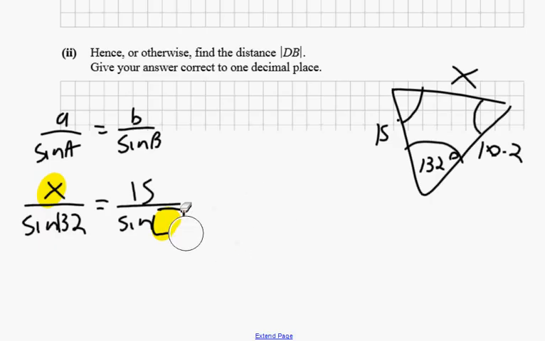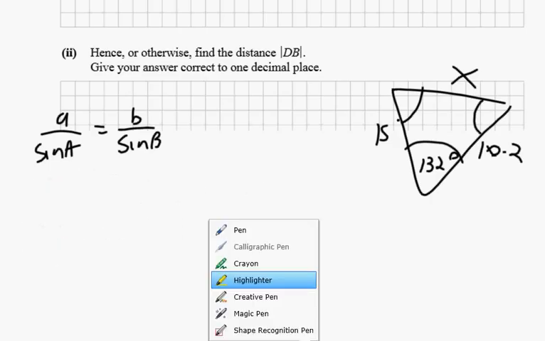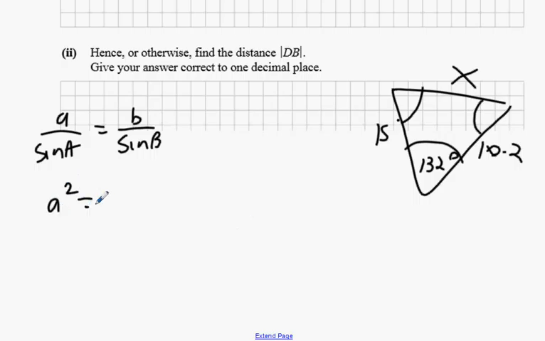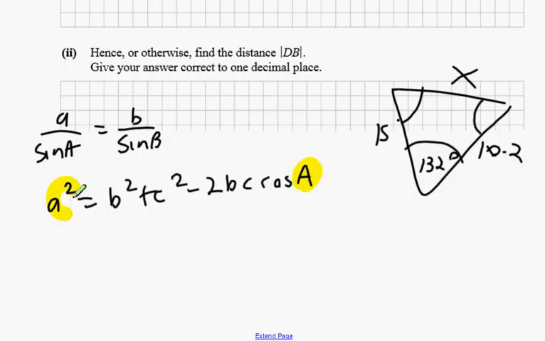Okay? So now we go to the cosine rule instead. Cosine rule is this one here. Now in the cosine rule I'm going to highlight two key parts. Why have I highlighted these two parts? If you choose one of them, the other one's chosen for you.